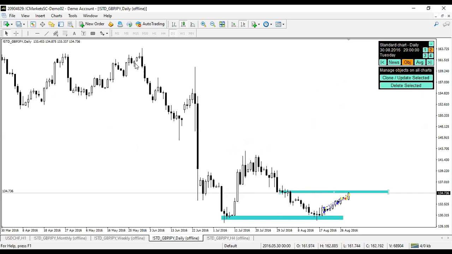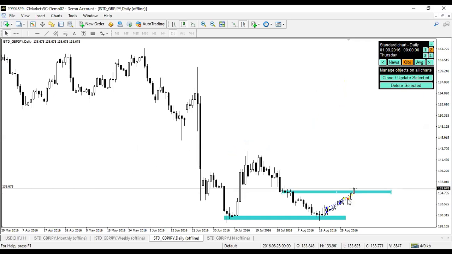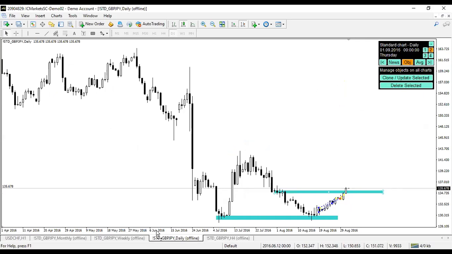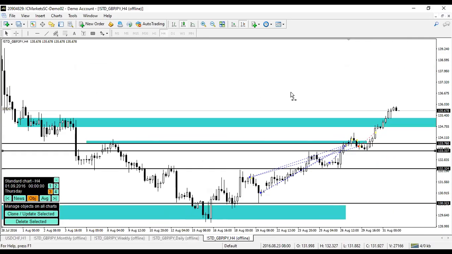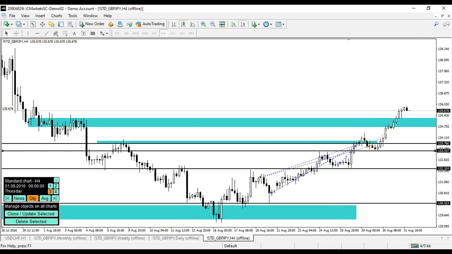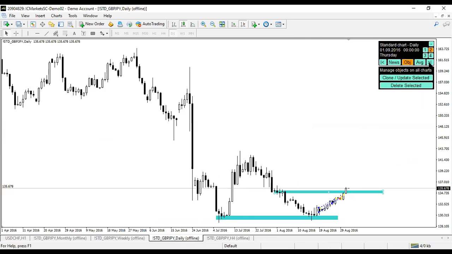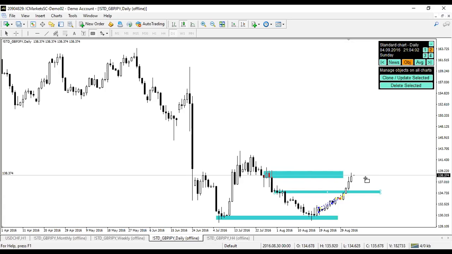We have to wait and see how price behaves here. Price is breaking the structure on the high side. So this is another good level of resistance.